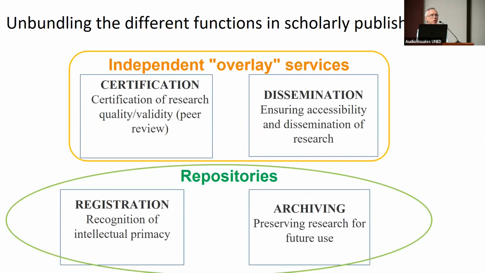So for the first part, the unbundling, what we are seeing, and this is also what we have been advocating in the next generation repository recommendations, is that repositories can be the foundation and the beginning of the scholarly communication workflow.